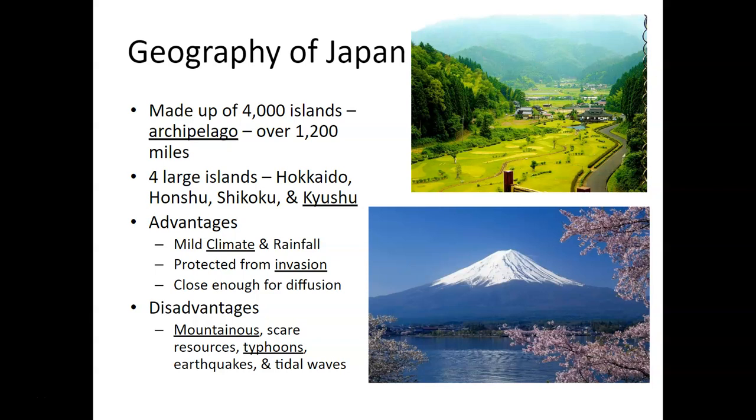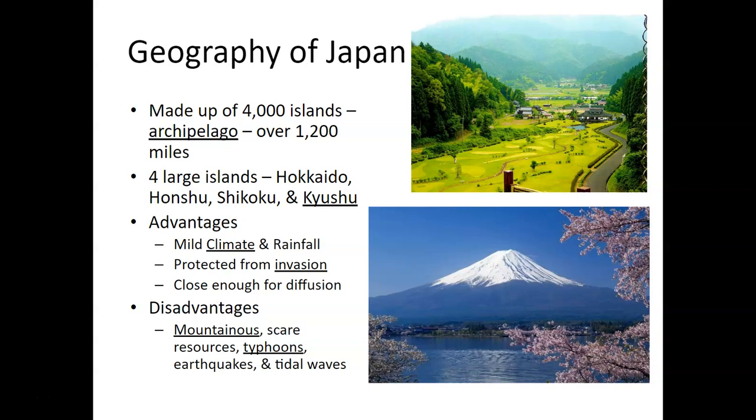As you know, Japan is an island nation. We mostly look at the four main islands of Hokkaido, Honshu, Shikoku, and Kyushu. But really, there are over 4,000 islands that make up this entire archipelago that is Japan.